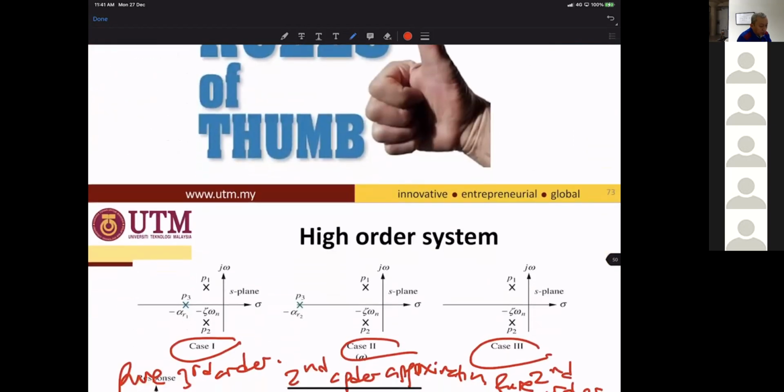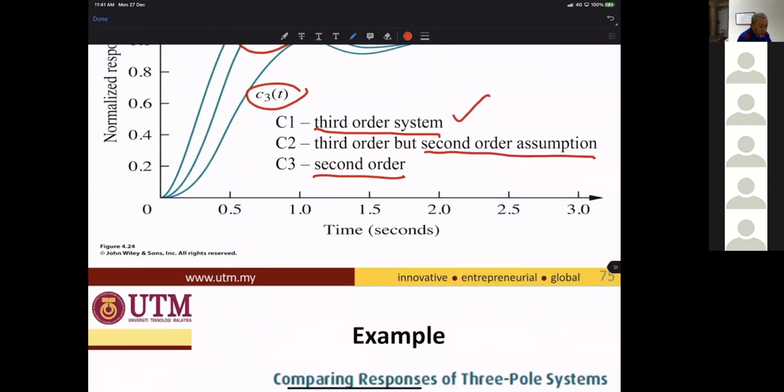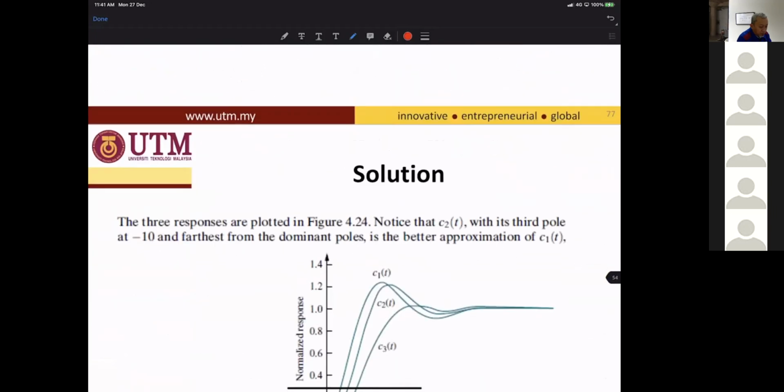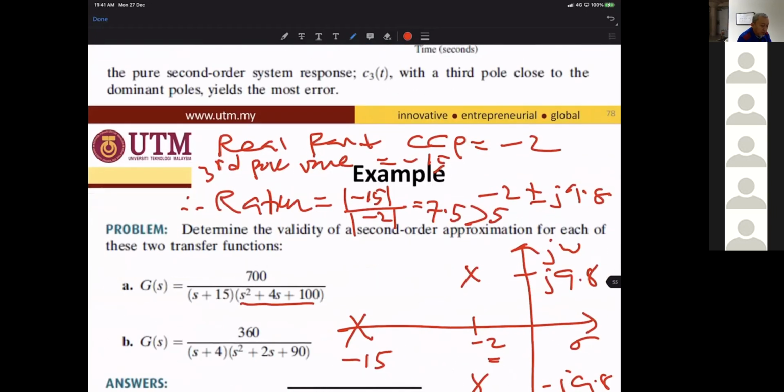The rule of thumb says 5 times. In this case, the ratio is 7.5, and it is greater than 5. So meaning that this G(s) is a second order approximation, and we can ignore the effect of the third order because it's far away from the imaginary axis.